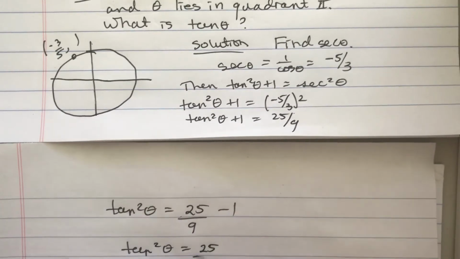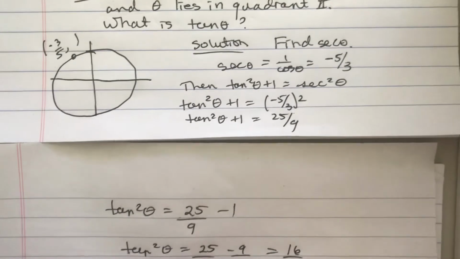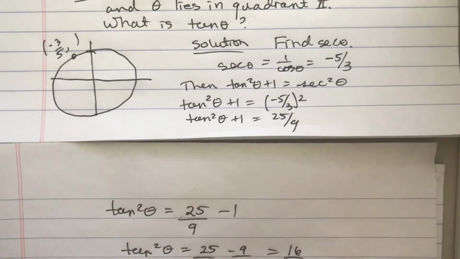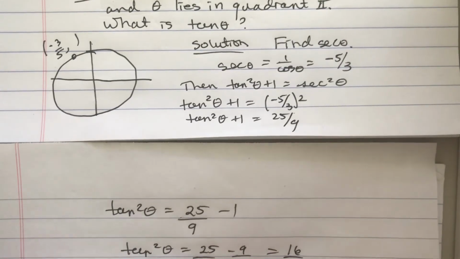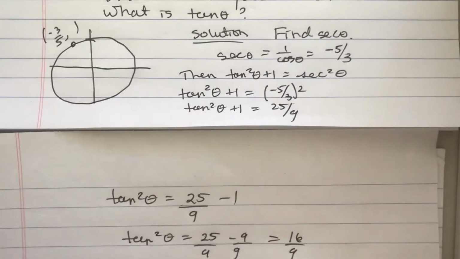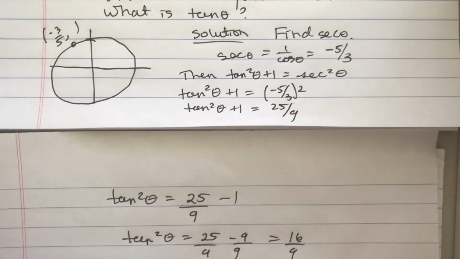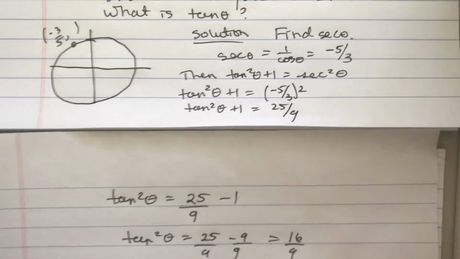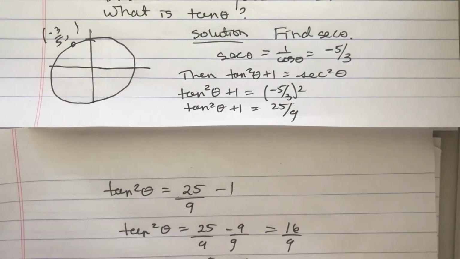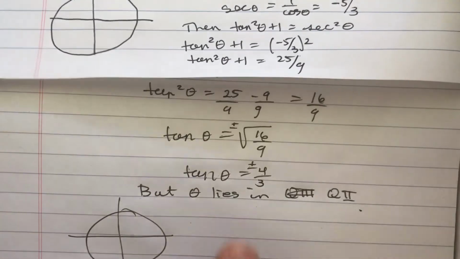So anyway, I need to get a common denominator. So that's going to make 16 over 9. So tangent theta is plus or minus the square root of 16 over 9. But theta lies in quadrant 2.